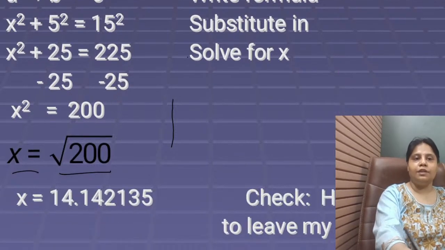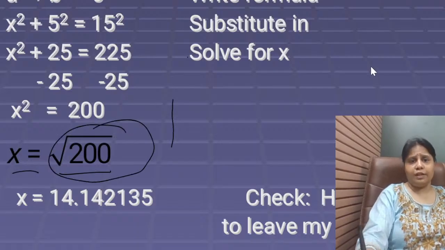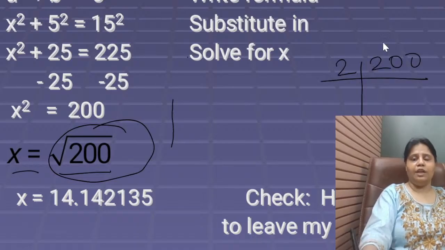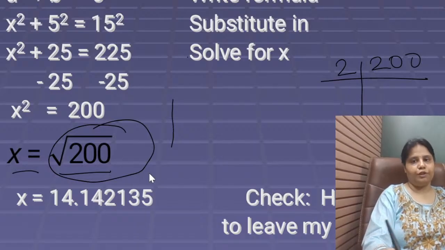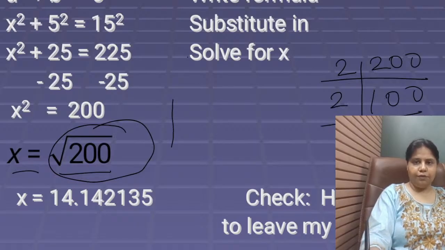How to solve this square root? Sometimes we know it, but suppose 200 is there. We don't know it because it is not a perfect square, so we need to find it. 200, 50, 25, 5, 5, and 1.